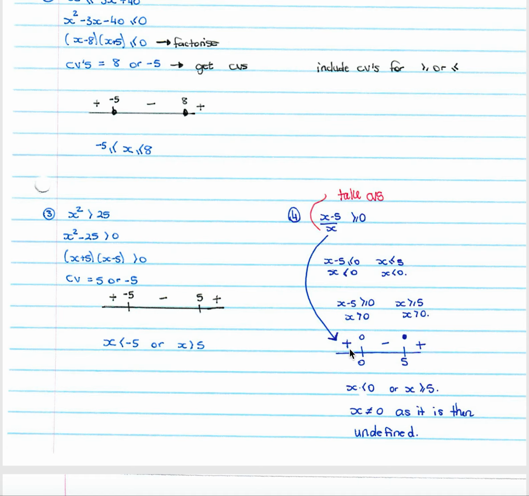We solve on the number line. We get our cases. We want it where it's greater than 0, so positive. So it's x less than 0. Do not include 0 because 0 cannot be in the denominator. Or x greater than or equal to 5. We include 5 because 5 can be in the denominator and it equals 0, and they are asking us for where it is equal to or greater than 0.